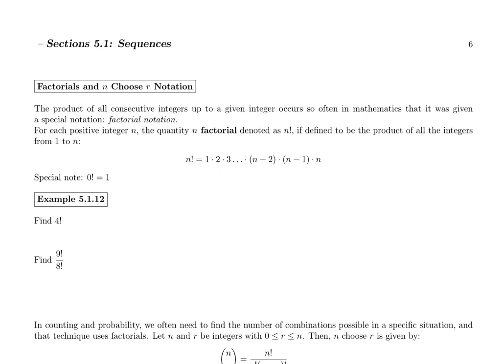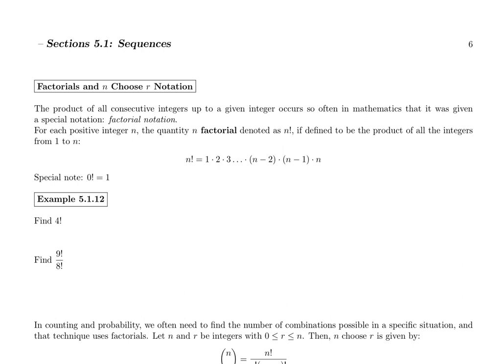I mentioned the factorial on the last page, and it's a property of numbers that comes up so often that we gave it its own symbol and its own name. In particular, it comes up a lot in probability and probability theory, combinatorics, those sorts of things, counting.